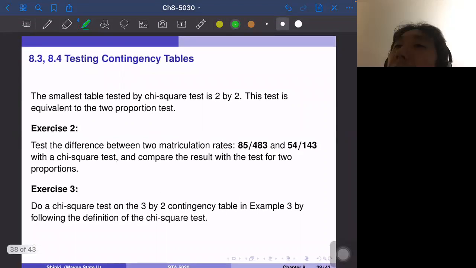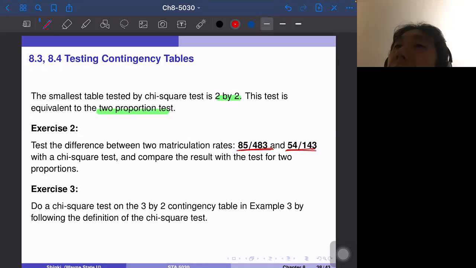If the table is 2x2, then this test is equivalent to the test for two proportions. For example, we tested the matriculation rates for the Wayne State University medical school. If students come from U of M, 85 out of 483 students are enrolled in the medical school, and for Wayne State, 54 out of 143.